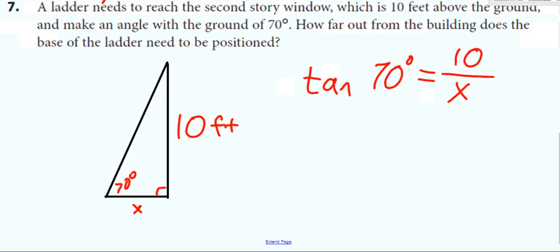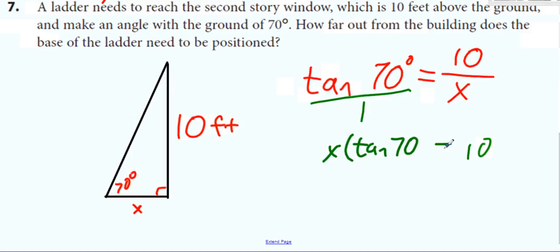And then to solve, you would cross multiply. Remember, that's always over 1. So 1 times 10 is 10, and x times tangent is x times tangent 70. And to solve for x, you have to divide by tangent 70.